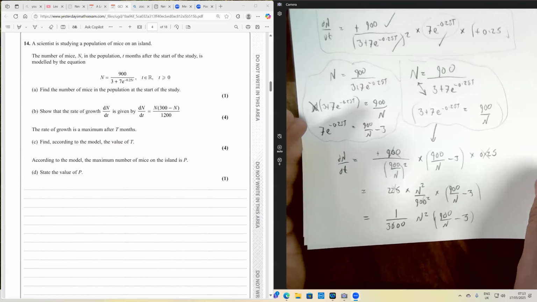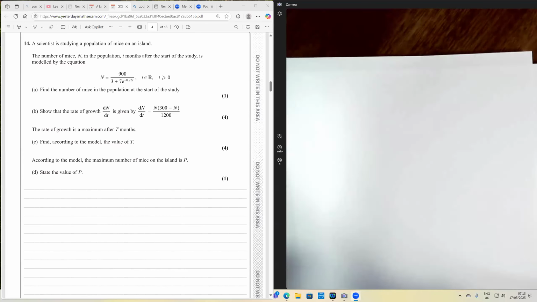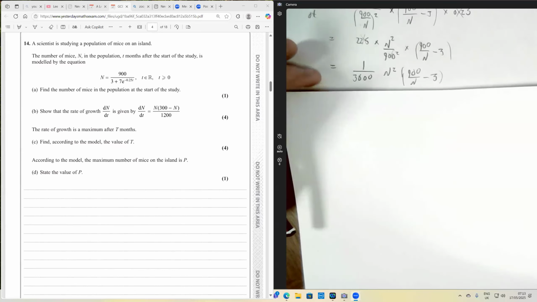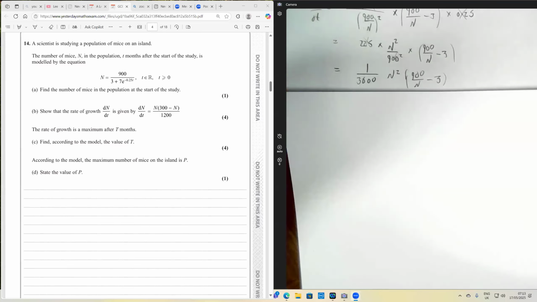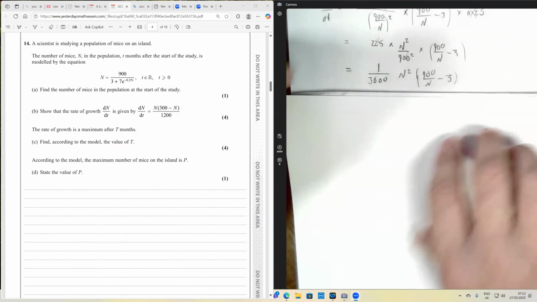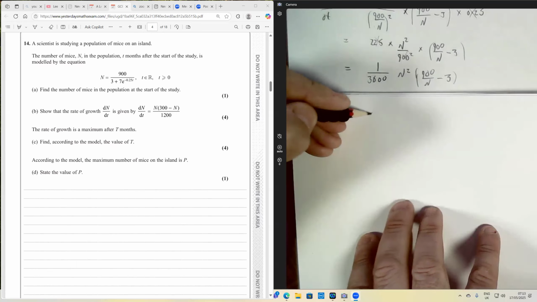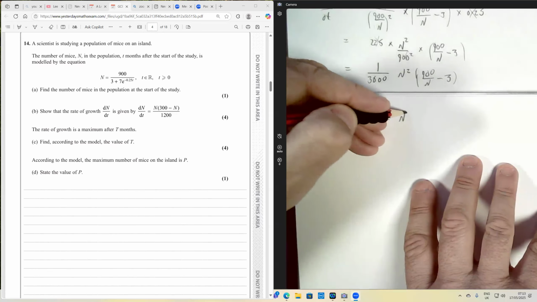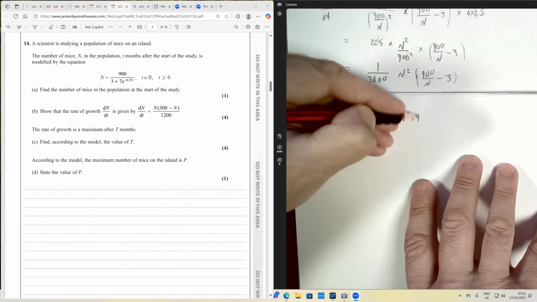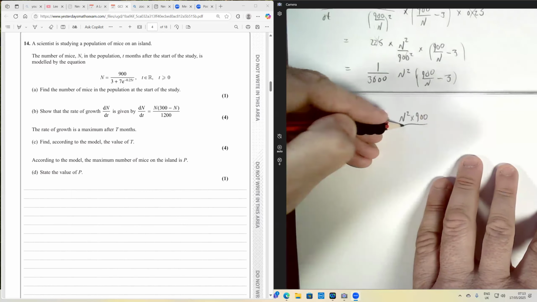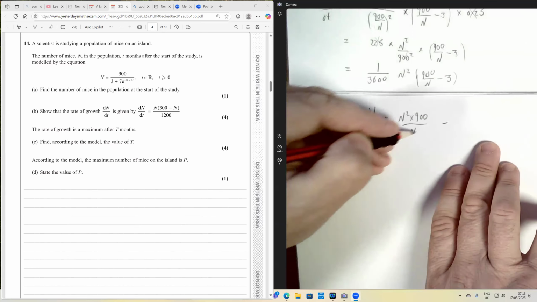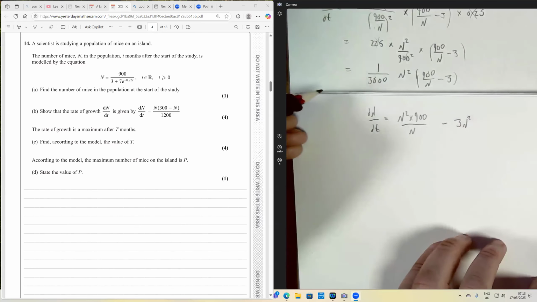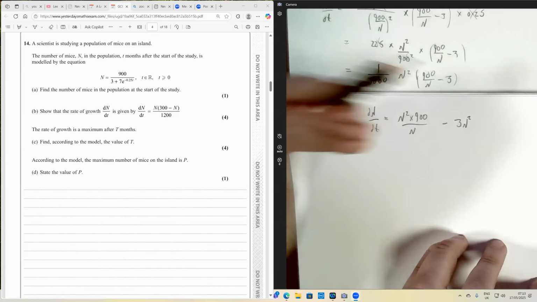So let's continue. Now what I'm going to do is expand my brackets. So I've now got dn by dt is equal to n squared times 900 over n minus 3n squared. So I've just expanded the bracket by doing that times that and that times that.